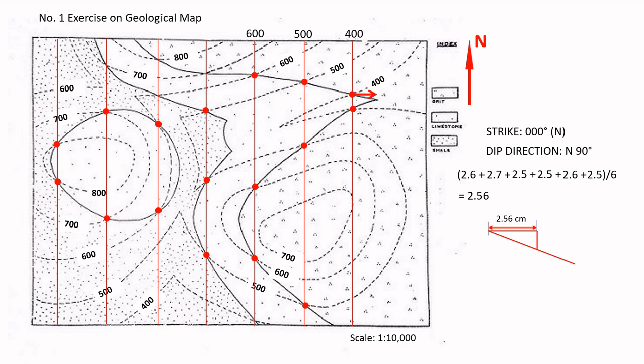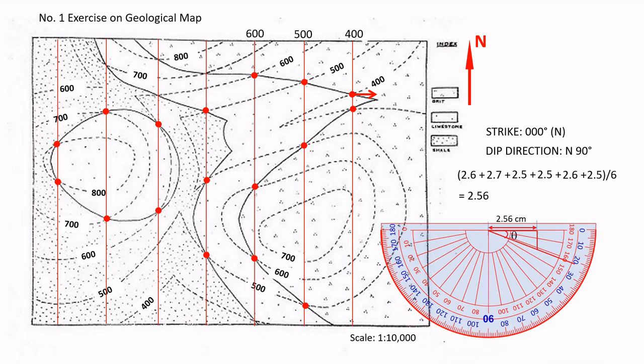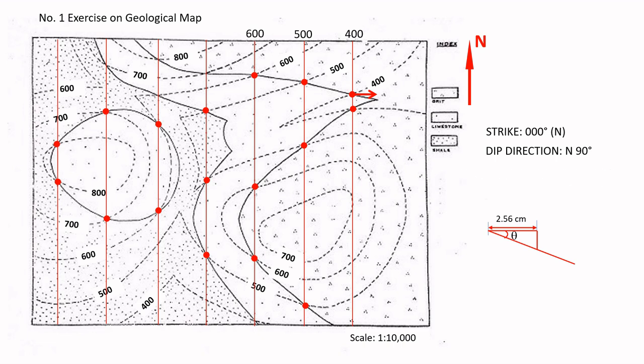The angle between the horizontal line and the hypotenuse is the dip angle theta of the rock beds. Using a protractor, measure this angle. In this example, the angle of dip is 21 degrees. Therefore, the rock bed has a dip of 21 degrees towards the east.